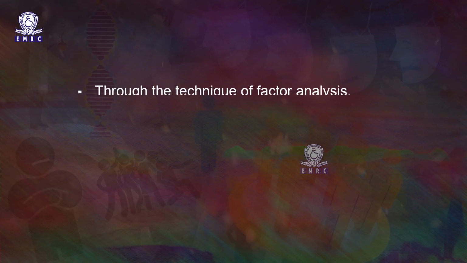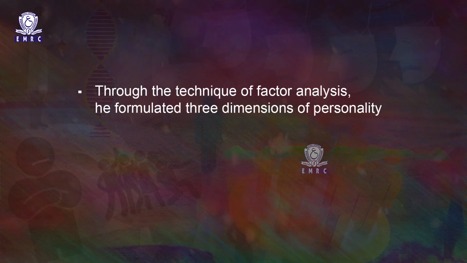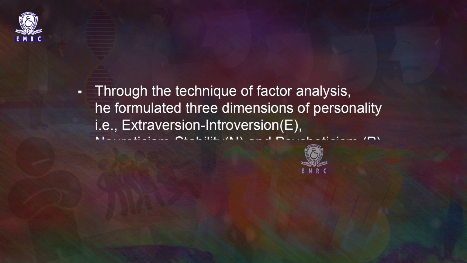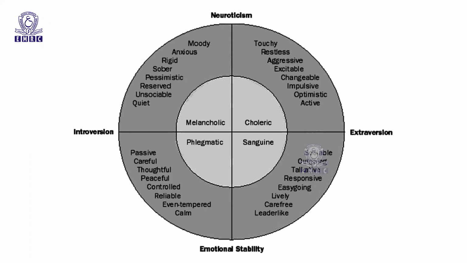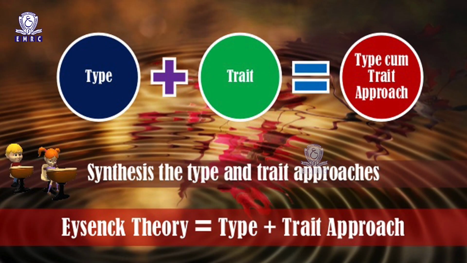Through the technique of factor analysis, he formulated 3 dimensions of personality, that is extraversion-introversion, neuroticism-stability and psychoticism. This theory majorly focuses on 2 dimensions, extraversion-introversion and neuroticism, and then came up with 4 combinations of personality. Eysenck's theory synthesized type and trait approaches. It states that an individual acquires the shape of a definite type through various traits.